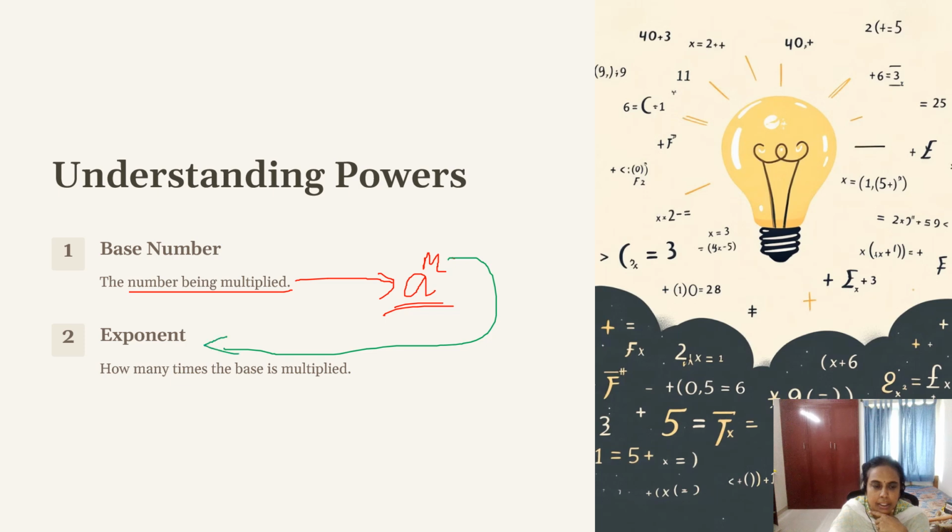Understood now? The base number is the number which is going to be multiplied, that is a, and the exponent is m, how many times the number has to be multiplied. We can say exponent, or we can say power.